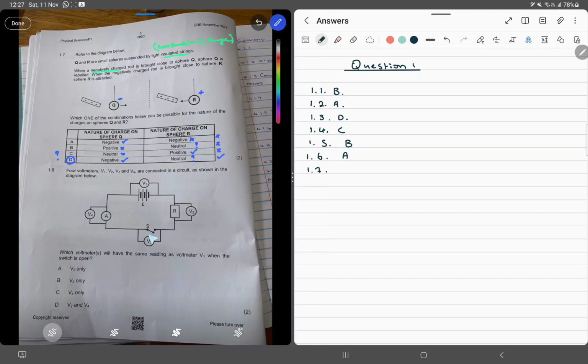Once you've got a switch and it's opened, it means this V3 is the same as that V3 across the terminals of the battery, because if you expand this circuit, you will have essentially points 1, 2, 3.